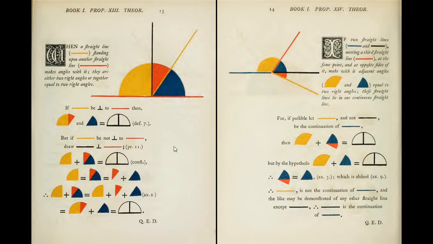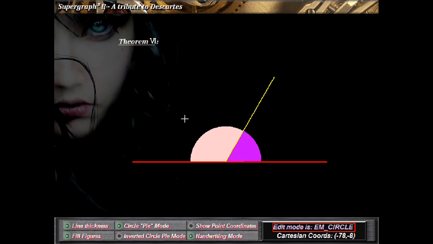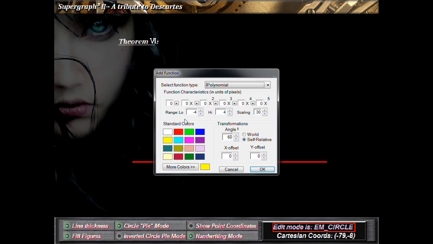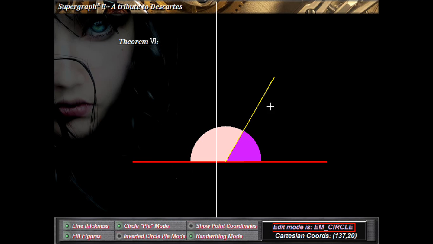just as the last problem. So we may draw a perpendicular, white, same as his black. At any point we wish, we can select a point.